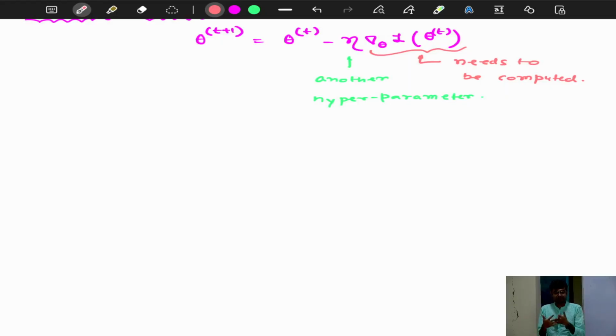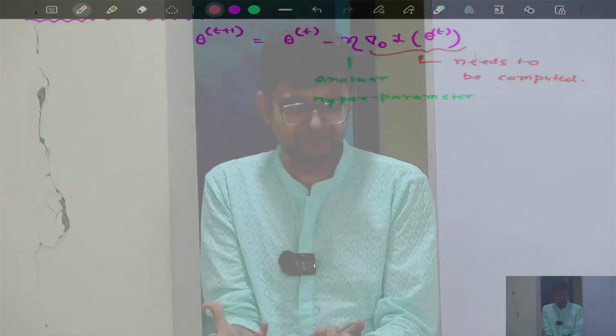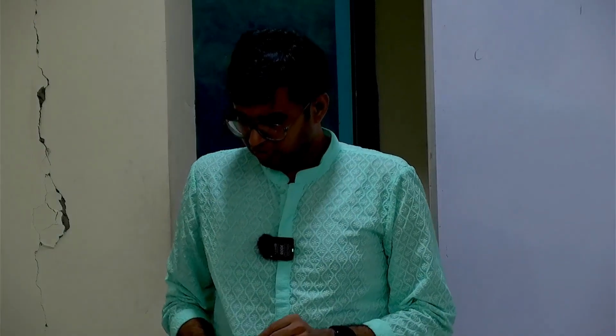Later automatic differentiation came into the picture, which makes life even simpler, but automatic differentiation is nothing but an implementation of backpropagation. Backpropagation is the algorithm.